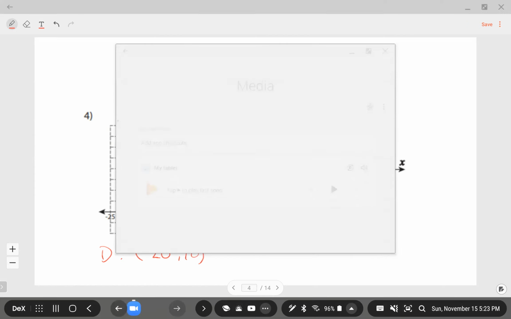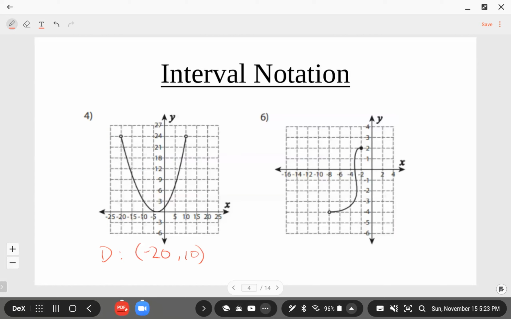Now, why we use parentheses is because this circle right here is an open circle. When you have open circles, it means that these points are not actually on the graph, they're elsewhere. So that's why we use parentheses.